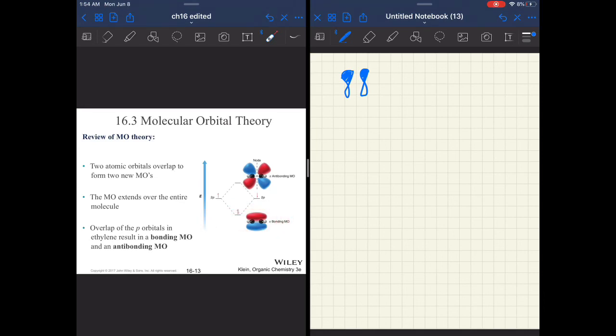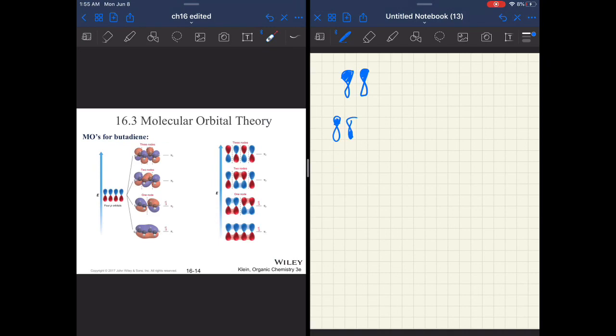If, on the other hand, you have two orbitals and they are out of phase, that's when you're going to get that destructive overlap. They don't blend together to make something lower energy. And if anything, it forms a node, and a node is an area where no electron density can exist. So it does not help to spread out the electrons, and so it's higher energy. We're going to be focusing more on this type of orbital. So we're going to be looking at molecular orbital diagrams that look like these guys.